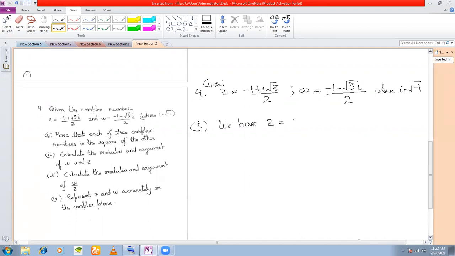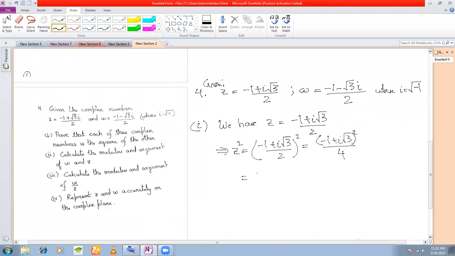We have z is equal to minus 1 plus i root 3 divided by 2. That means z square is equal to the square of this, which is equal to minus 1 plus i root 3 whole square by 4. Now you expand it in the numerator.